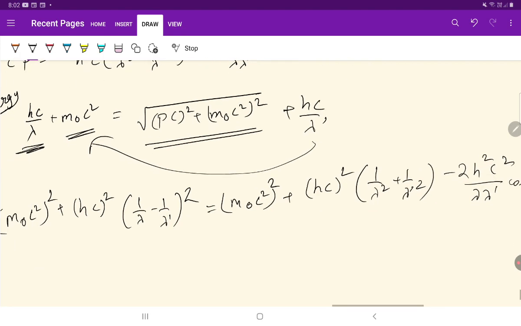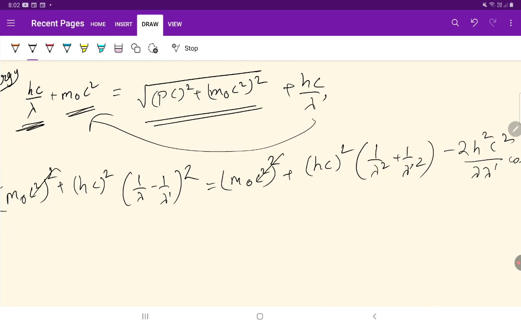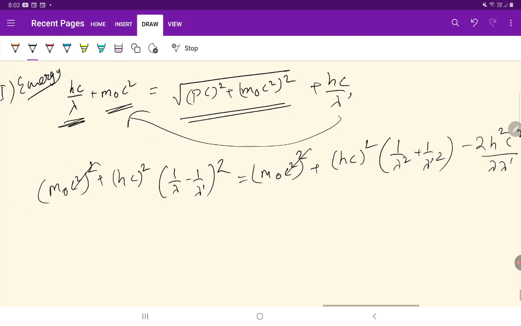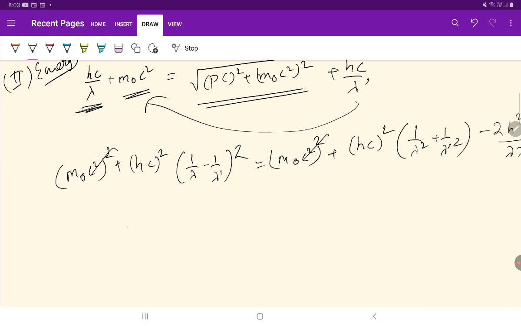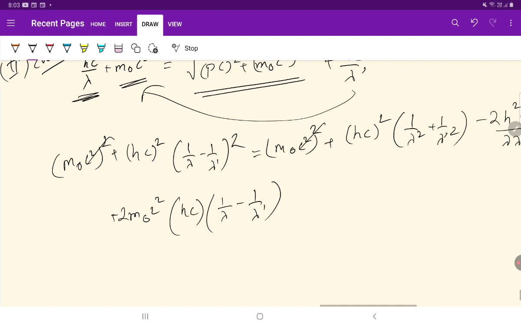Now just doing some more evaluation, cancelling the m naught c square terms, you'll get something like, yeah, I have probably missed another term, that's plus 2 m naught c square hc into (1 by lambda minus 1 by lambda dash).